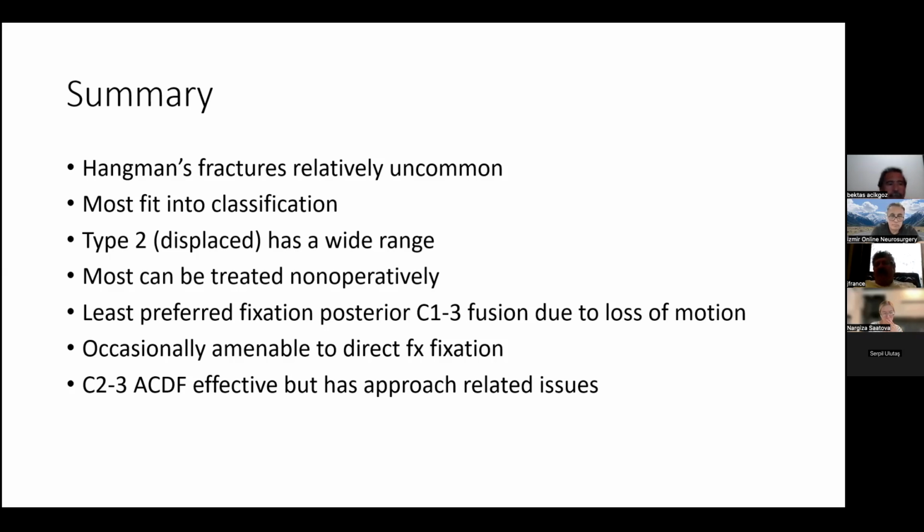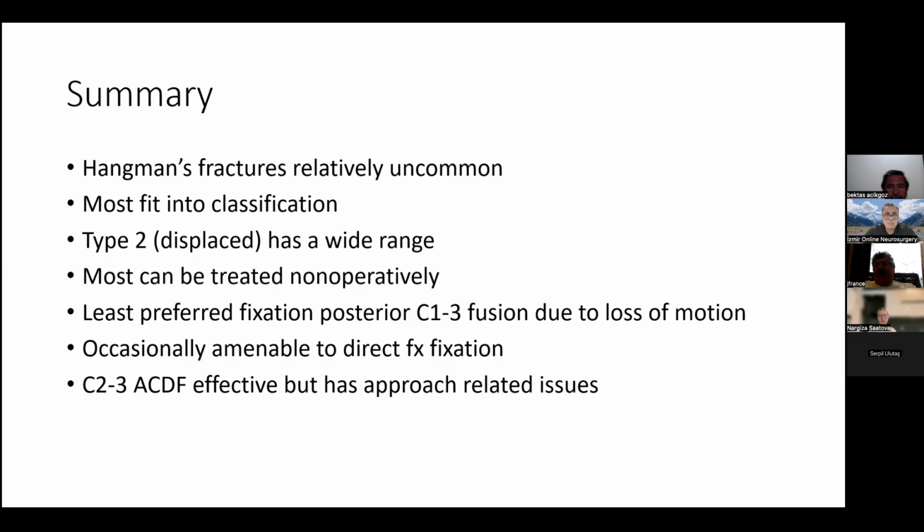Most of these fractures can be treated non-operatively. Seems to me we've gotten a little too aggressive, and I think that happened as we moved away from halos. But the papers, as you see, don't show a lot of difference between collar and halo treatment. So perhaps we can still treat a lot of these non-operatively in a collar, and I generally will try to follow that route if I can.